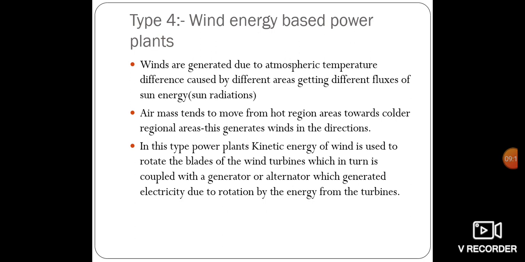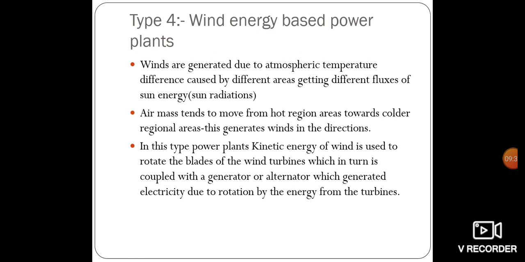In some places sunlight may be more and in some places sunlight may be less. So because of that there is a difference in temperature created, and because of the difference in atmospheric temperature, the air mass tends to move from hot region to the colder region, and this gives direction to the wind. In this type of power plant, kinetic energy of the wind is used to rotate the blades.